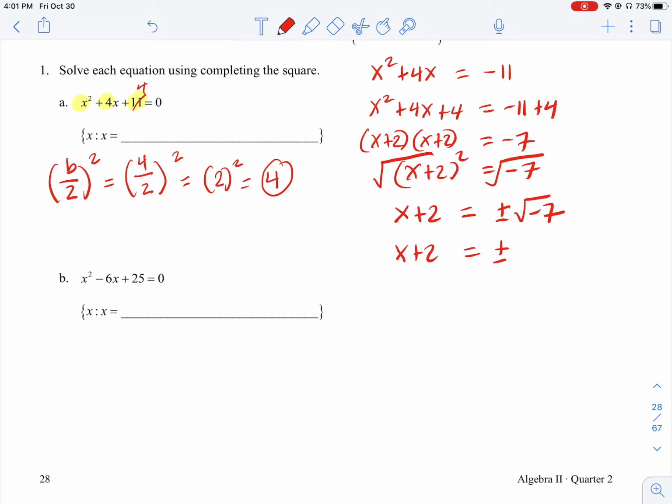But because that's a negative, we've learned in our previous lesson called pure imaginary numbers that whenever that happens, all you have to do is to convert the square root of a negative 1 into an i. That's an imaginary unit. So our answer here is i square root of 7. And the last step would be to subtract 2 on both sides.